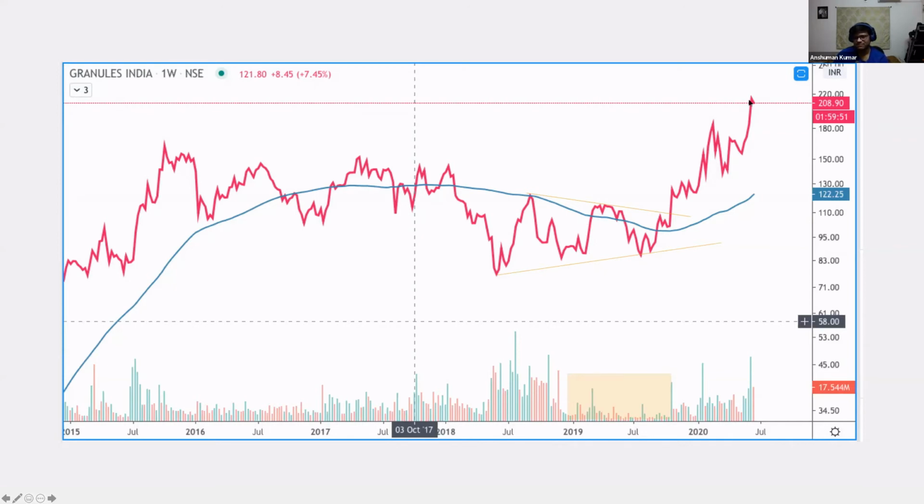After breaking out from a pattern, the stock has given you 100% returns. And obviously, I'm looking at the weekly chart. So the point I've been trying to make all along is that when we talk about chart patterns, we have to use the shapes, etc., to identify what is happening, which phase the market is currently in.